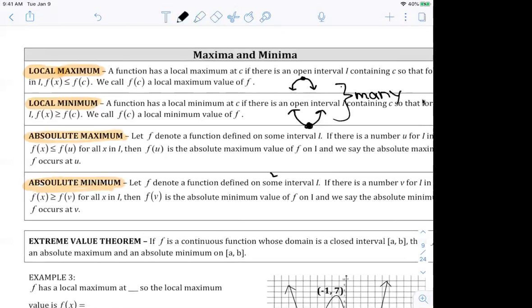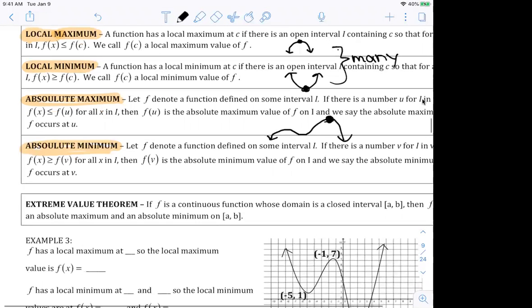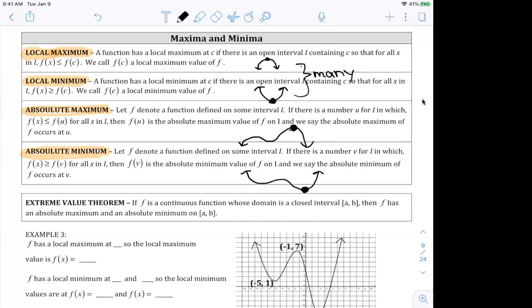So for instance, an absolute maximum would be the highest of the entire thing. So even though you have two local maximums here, there is only one absolute maximum, which is the highest of the entire thing. Same thing if I draw a graph like this. There's two local minimums, but there is only one absolute minimum because you're finding the lowest point on the entire thing. So this would only be 1 point.